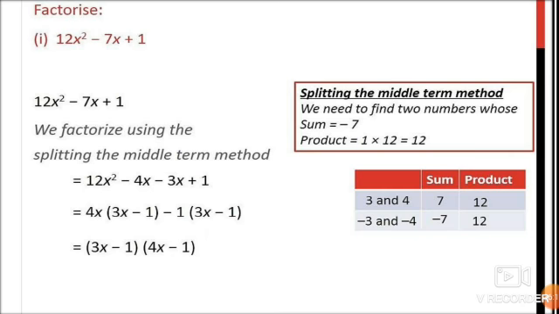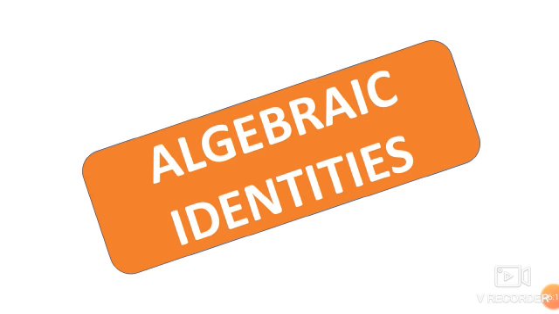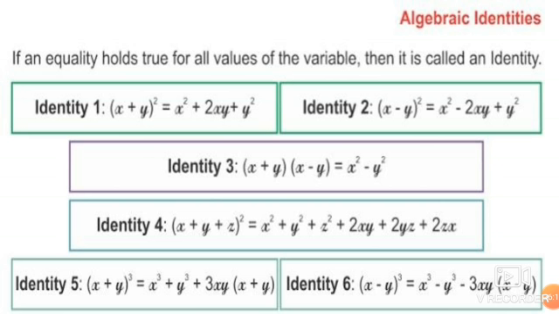Next, algebraic identities. Since you are familiar with all the identities, once again I will recall them. From these identities we have to solve the problems, so observe and learn perfectly.